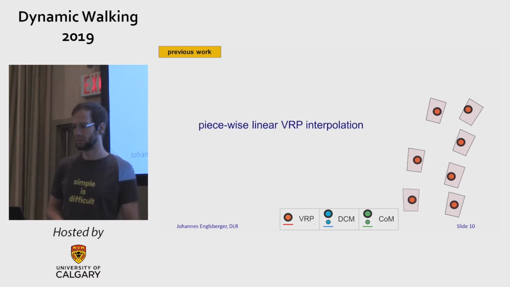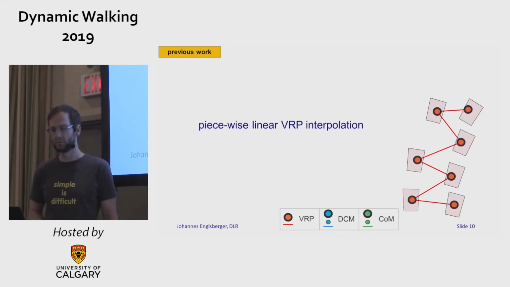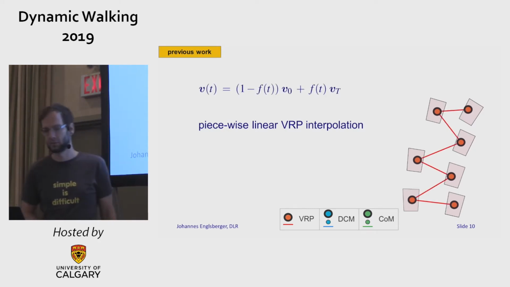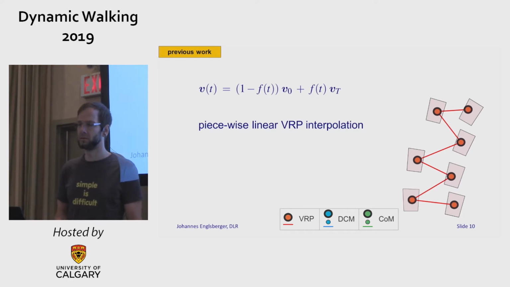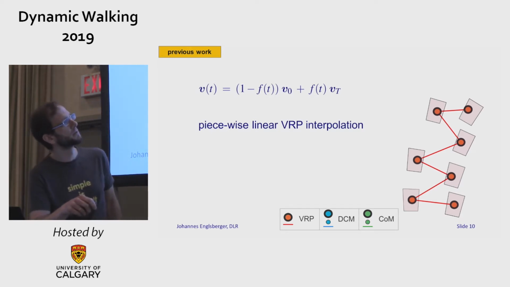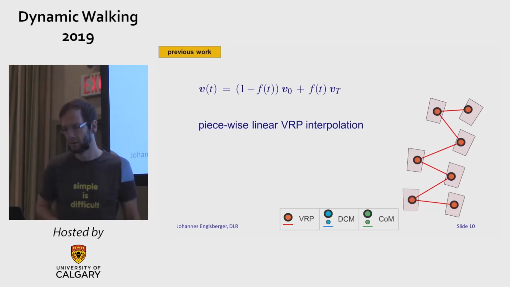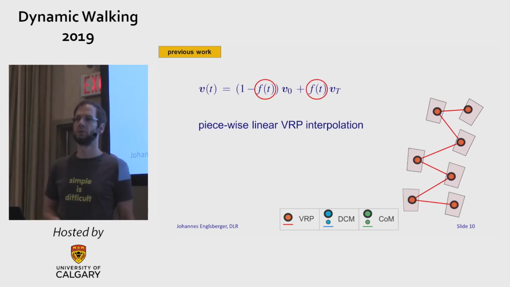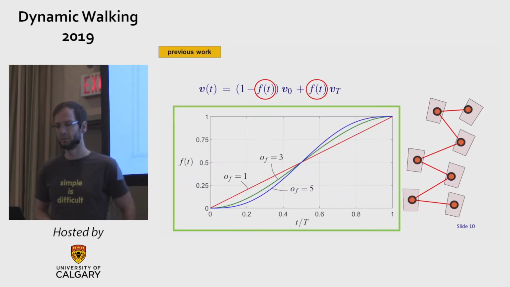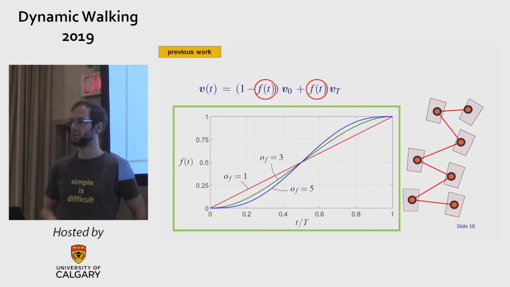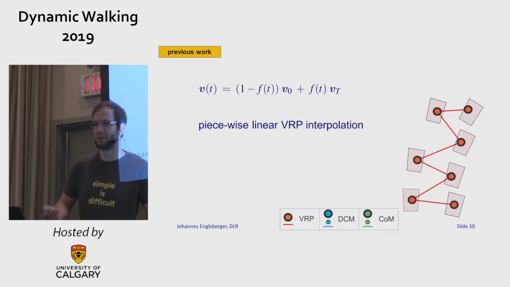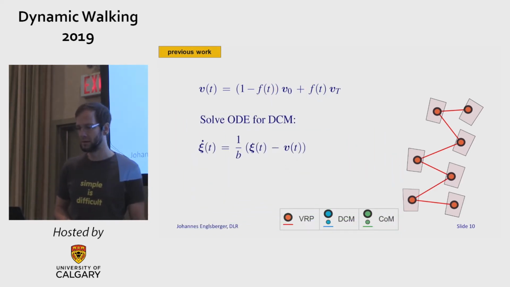I do piecewise linear interpolation in between those, with an equation that looks like this. You interpolate from each start point to each end point, via a polynomial interpolation function. This function in time may be first order, third order, fifth order, whatever desired continuity you want to reach. Typically I use first order, it's sufficient.